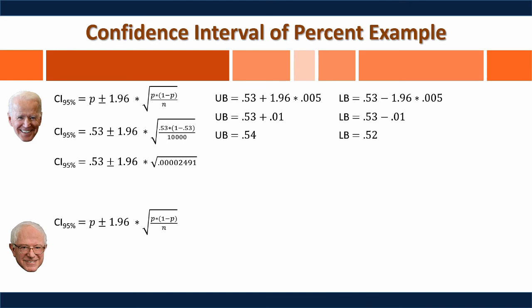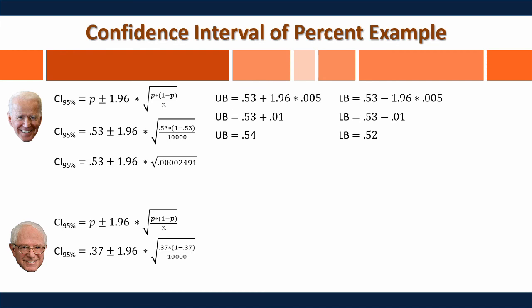This means that in 95% of the occasions using the same sample, 52% to 54% of the people would vote for Biden. You can do the same for Bernie. This time, you would substitute 0.37 for p, or the percent of people who said that they will vote for Sanders.